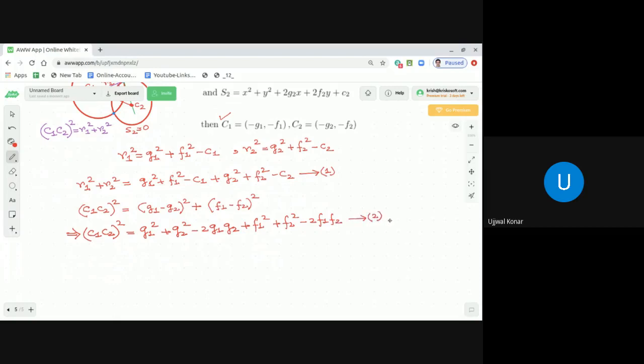Now dear students, if you look at equation 1 and equation 2, what is the condition of orthogonality? The condition of orthogonality is that C1 C2 whole square should be equal to R1 square plus R2 square.